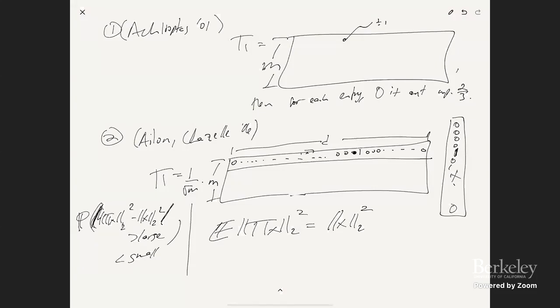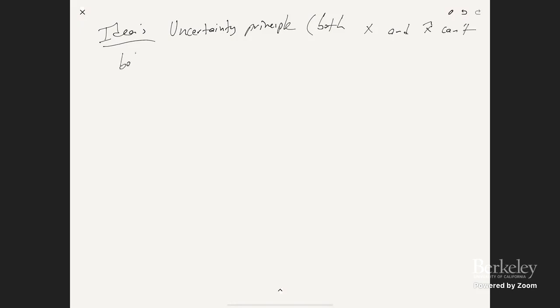If x had been, let's say, 1 everywhere, for example, then sampling has no variance. So their idea was to use the uncertainty principle, which says that a vector and its Fourier transform can't both be well concentrated.